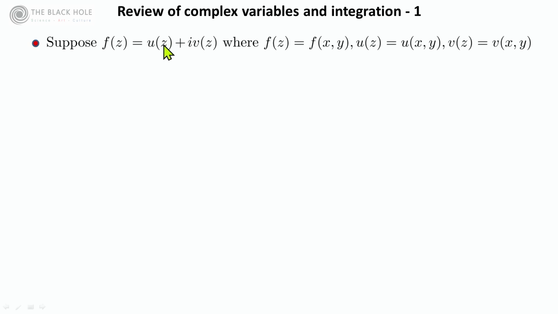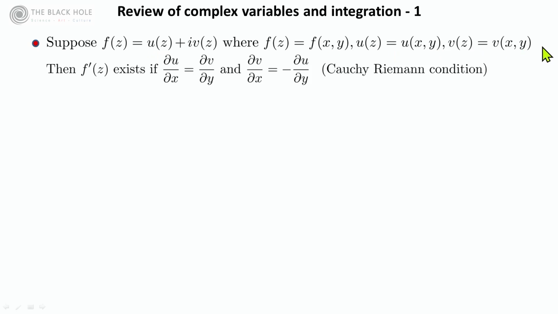But what is z? Z is two variables, the real part of z and the imaginary part of z, one which we call x, the other which we call y. So actually we have f is a function of x and y. The real part is a function of x and y, so is the imaginary part.